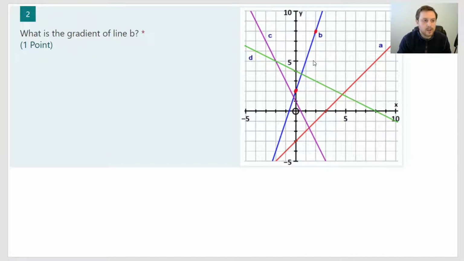Is there anything special about where I'm picking them? No, there is nothing special about how I'm picking them. I just need to make sure that they are different, and then I try to make it easy for myself by picking nice coordinates. So what do I mean when I say nice coordinates? I just mean coordinates where it actually crosses at whole numbers.